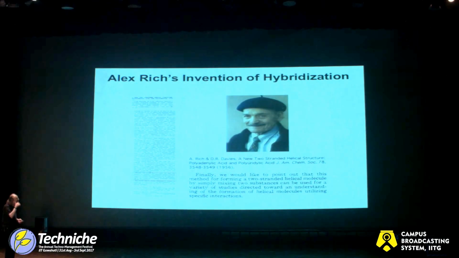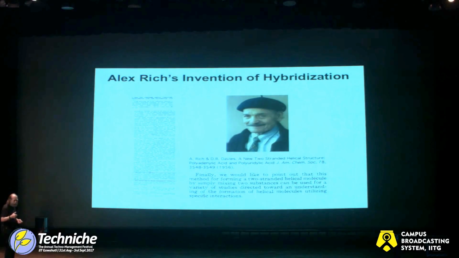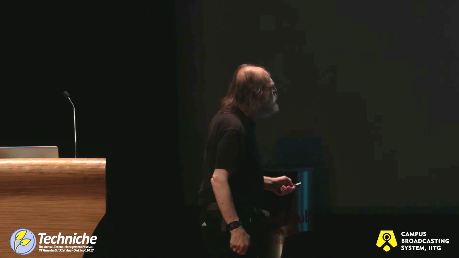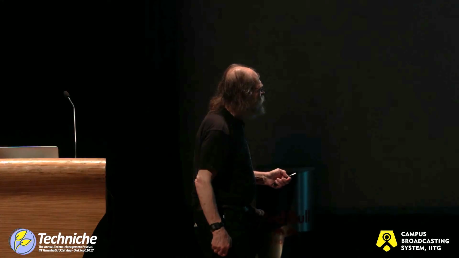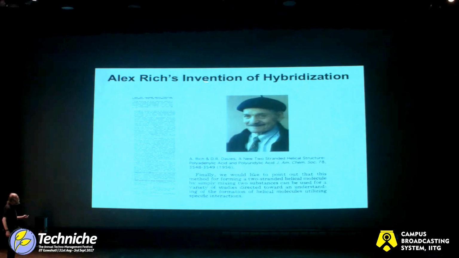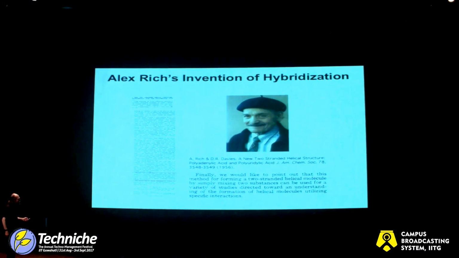Now, it's useful to know where our historical roots are. This is Alex Rich. He was actually my postdoctoral mentor many, many years ago now. Alex was the one who invented the notion of hybridization. This is the entirety of the paper where he first introduced that concept. But in fact, the part involving hybridization is only this little red paragraph that I've indicated.